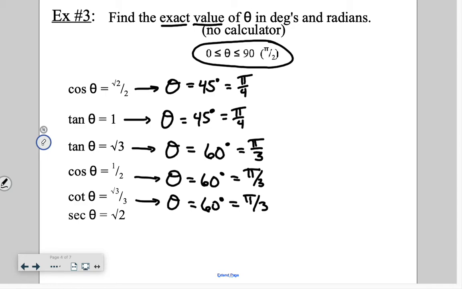Try the last one on your own. See if you can figure out where the secant of theta equals square root of 2. Which angle would you take the secant of to get the square root of 2? You should have at least a little bit of a hint on this one, just based on the problem originally. Should give you an idea of where to start.